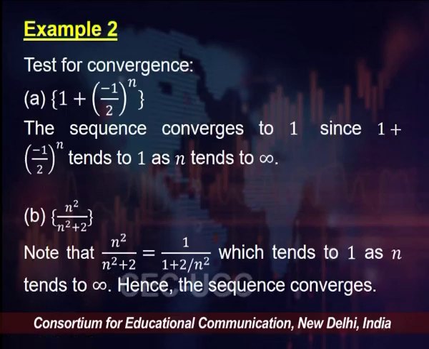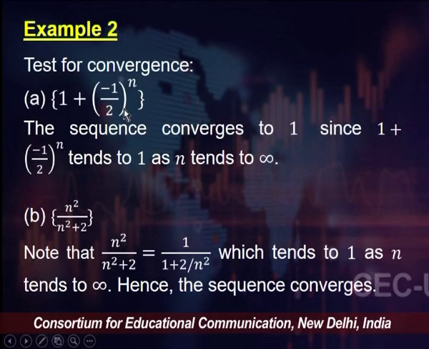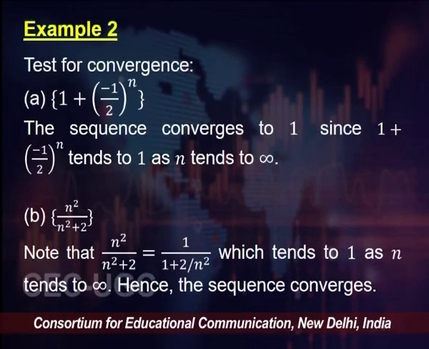As n tends to infinity, this fraction (minus 1 by 2) to the power n will tend to 0, so the entire general term will tend to 1. Therefore we conclude that the sequence converges, and in particular it converges to 1.